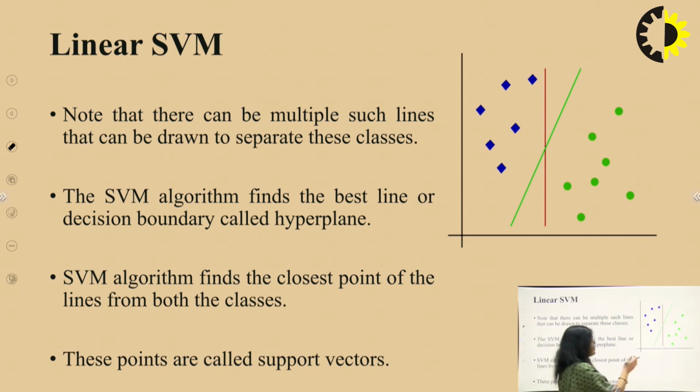In this case, with respect to this line or boundary, this point is closer to the line, so it can be treated as a support vector. Similarly, this point is close enough to this red line, so this becomes another support vector belonging to the second category. And if we talk about this slanting line here, again we can find the support vectors belonging to the different classes in the data.